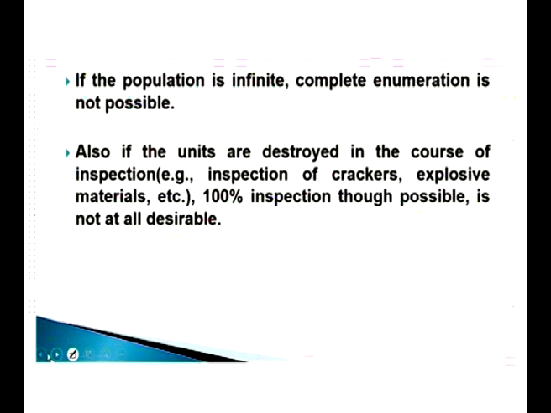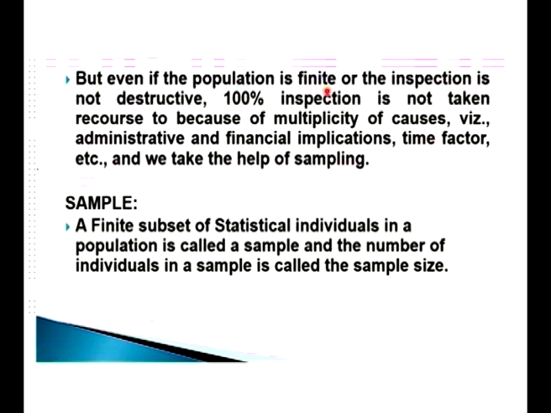And if the population is infinite, complete enumeration is not possible. Also, in some cases, such as crackers and explosive materials, 100% inspection though possible is not at all desirable. But even if the population is finite or the inspection is not destructive, 100% inspection is not resorted to because of a multiplicity of causes.